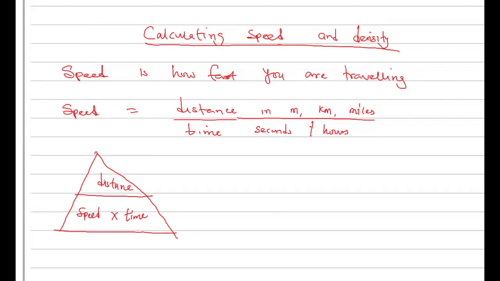I'm also going to write for density, in blue. Density is mass per unit volume. So density equals mass divided by volume.